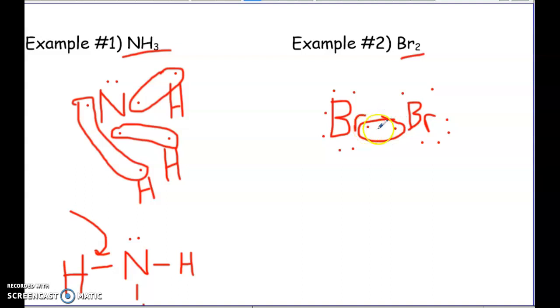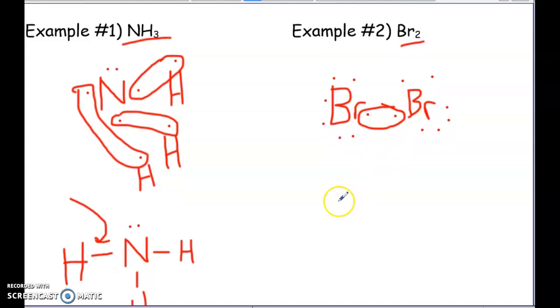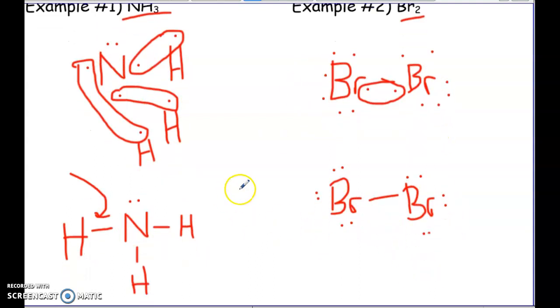Those 2 solo electrons are being shared. So the final compound for this, we have 1 dashed line in the middle because we have 1 being shared with each one. And remember that the electrons we don't touch should still be in our final picture. Just like here, this nitrogen set we kept, all of these bromine sets should still be there in the final picture.